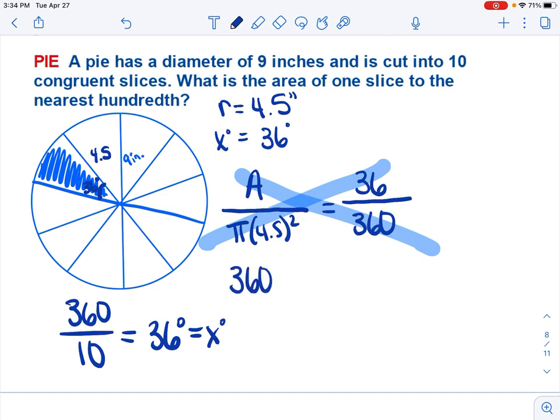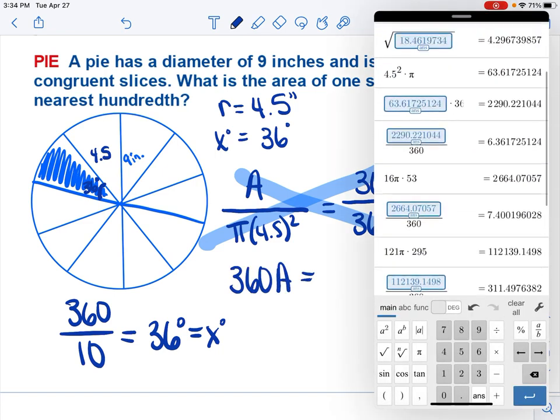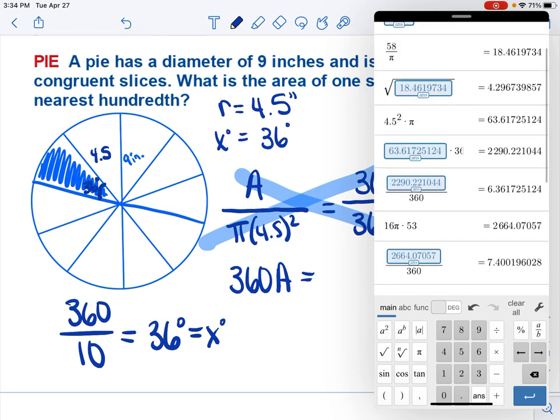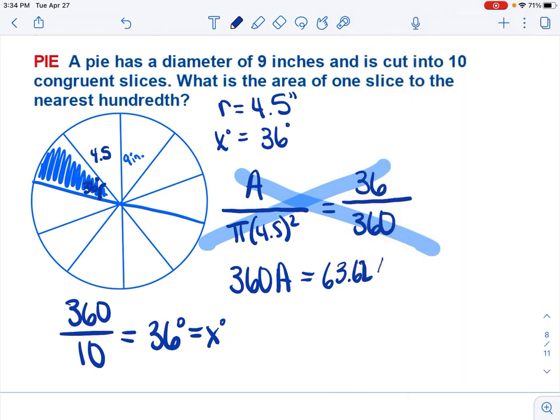Get 360a is equal to pi times 4.5 squared, which is right here on my calculator. That is 63.612. And then I have to multiply that by 36. You can do that all in one step if you want.